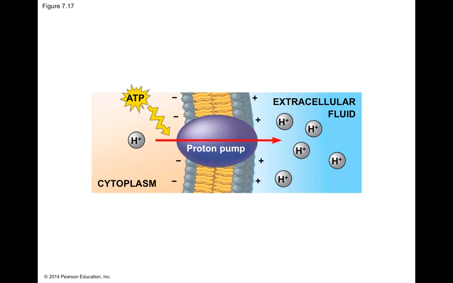Electrogenic pumps, such as the sodium-potassium and the proton pump, can be used to create potential energy that can be used for cellular work. In the next unit, we'll be looking more closely at how proton pumps function in creating energy for photosynthesis and cellular respiration.